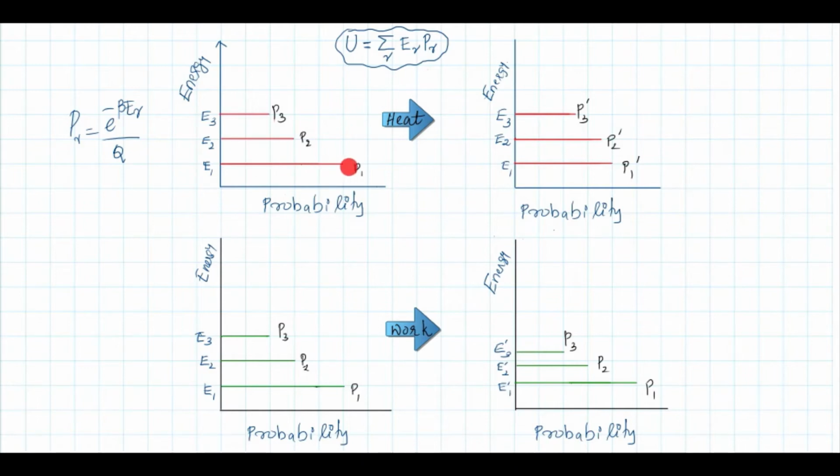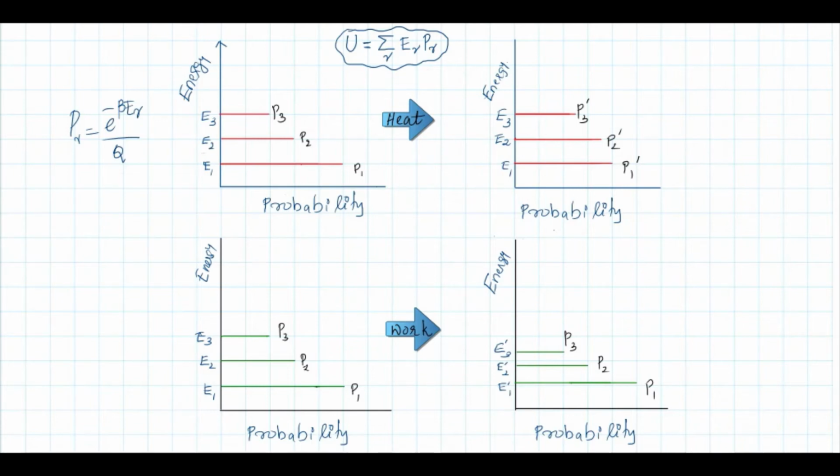For energy E1, the probability is say 0.5, for E2 it is 0.3, and for E3 it is 0.2. So the total probability is 1. But as energy increases, the probability decreases. Why? Because we already knew the expression PR is e raised to minus beta ER by Q. So as energy increases, there is an exponential decrease in the probability values.